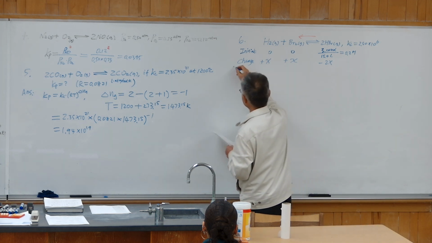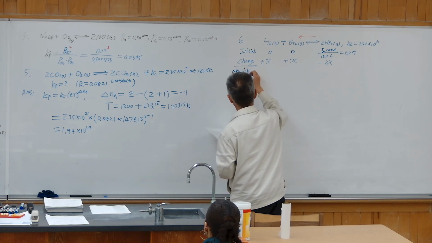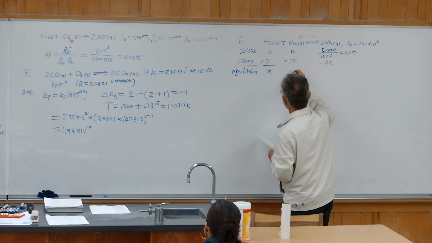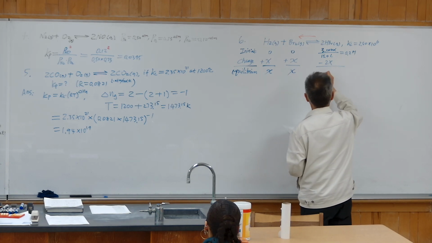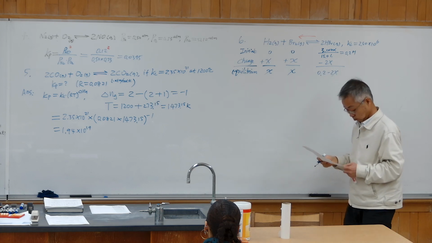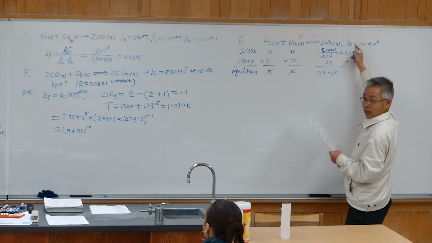Then when we reach equilibrium, clearly the hydrogen becomes X and Br2 also X, and HBr will be 0.2 minus 2X. Now we can write the Kc expression, because here is the Kc value.